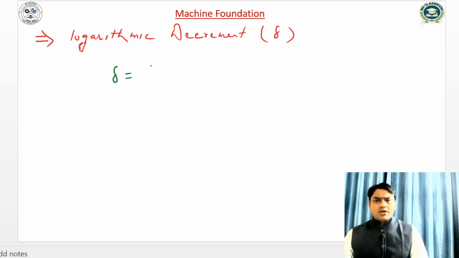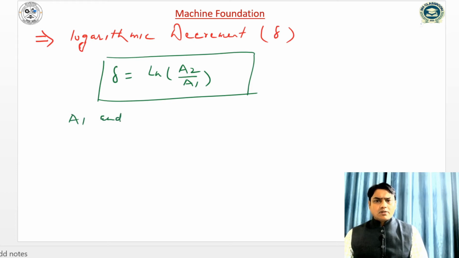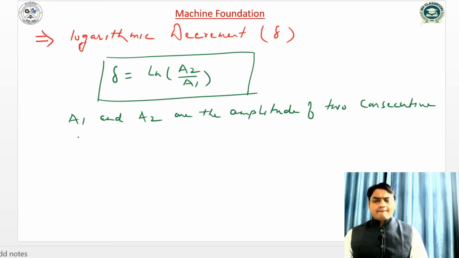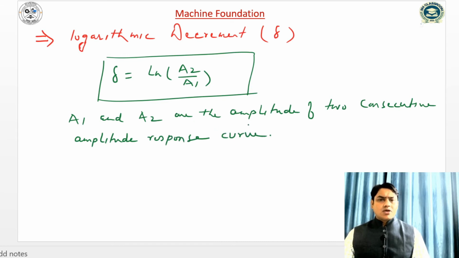What is a1 a2? a1 and a2 are the amplitudes of two consecutive cycles of the amplitude response curve.